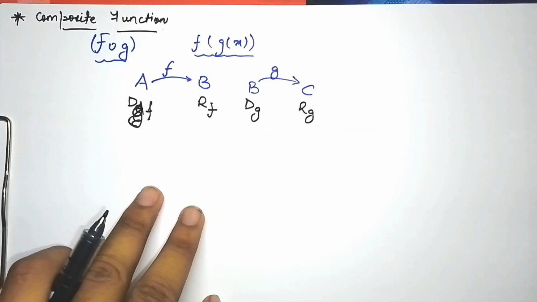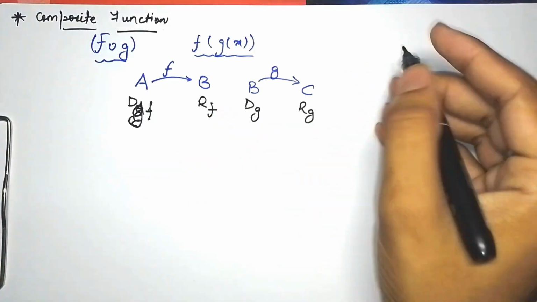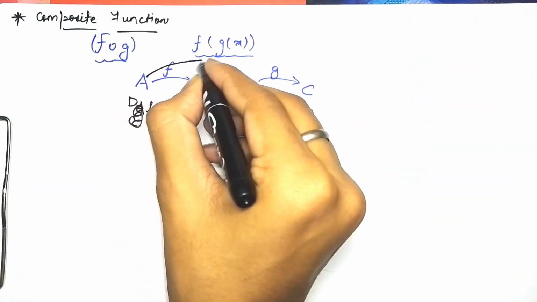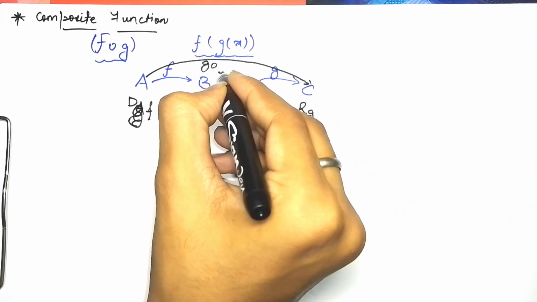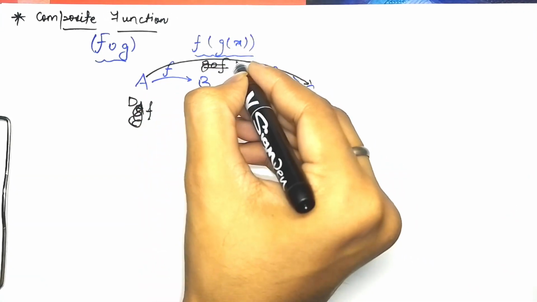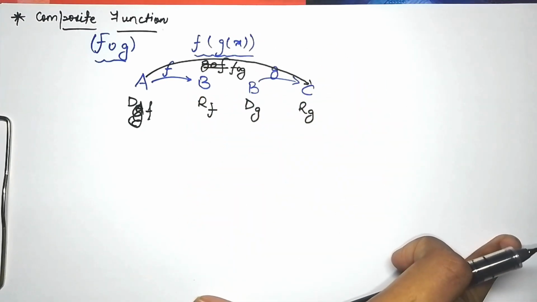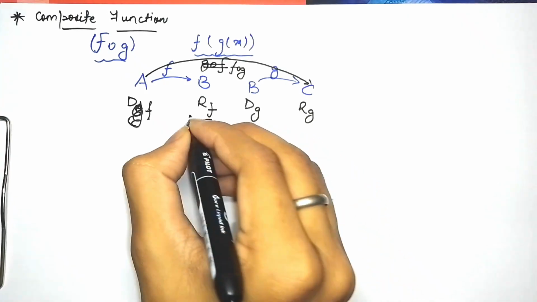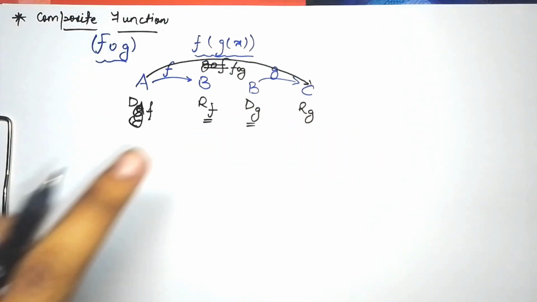So one thing that you must understand is that for a function g of f to be defined from A to C, we must understand that the range of function f must be a subset of the domain of function g.